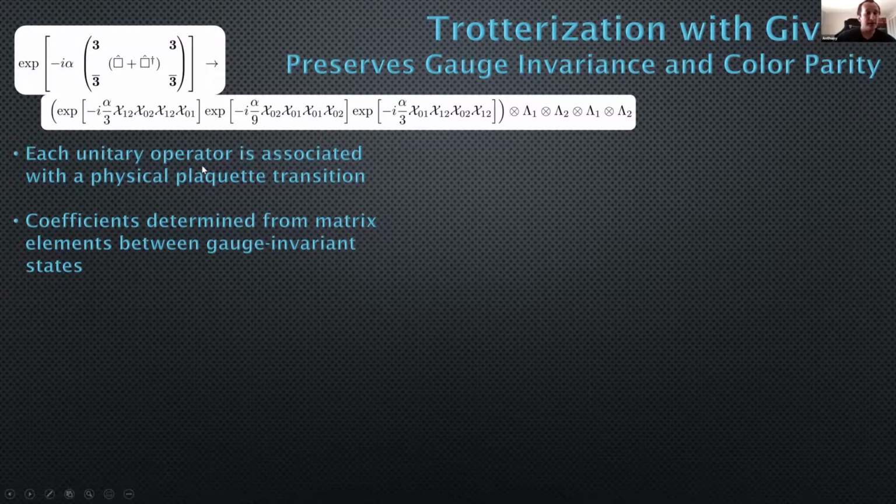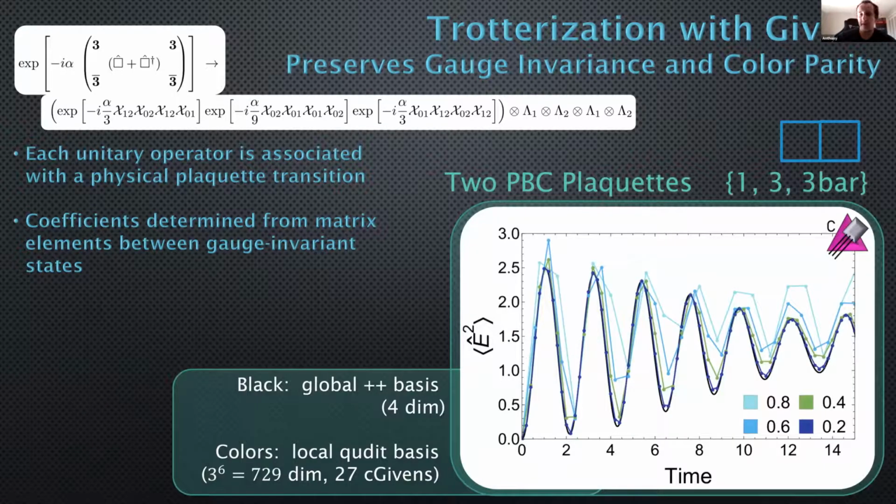So each of these unitary operators is associated with a physical plaquette transition element that we discussed on the previous slides. And so these coefficients can be determined in a classical calculation beforehand. So here we are just showing an example of the time evolution of a 2 plaquette system computed on a classical computer.